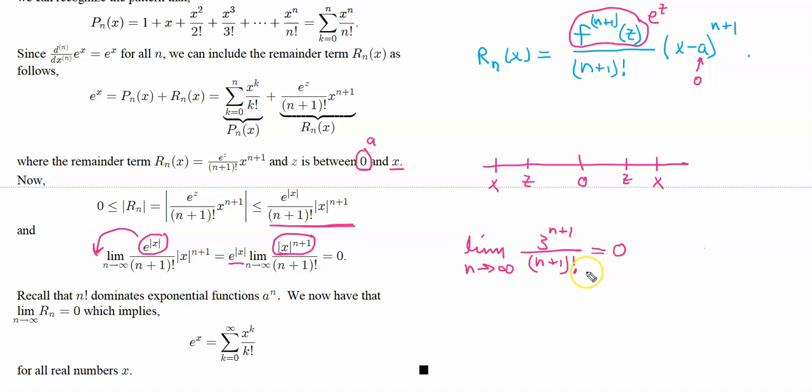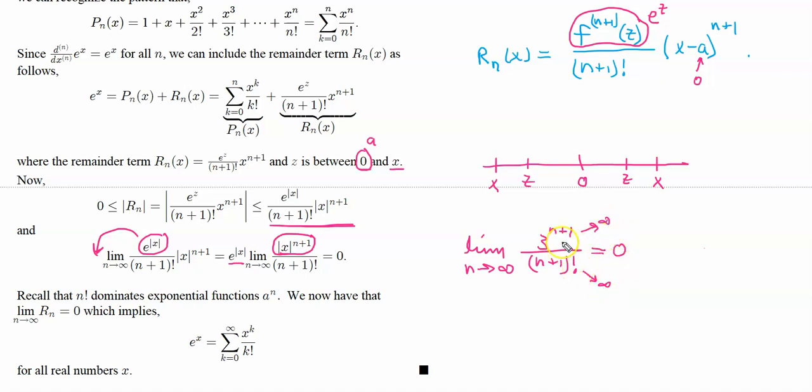Because, as we've said previously, factorials grow much, much faster. This goes to infinity at a much, much faster rate than this term goes to infinity. Now, infinity over infinity is not 0. What I'm just saying is that the denominator goes to infinity much, much faster than the numerator does.